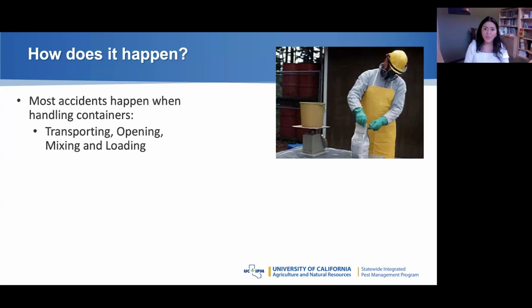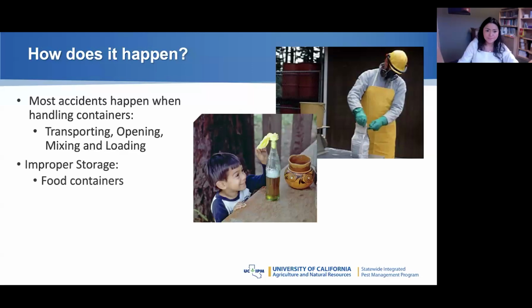And so when they're opening or transporting pesticides, that's when the pesticide might be in its most pure concentrated form, and that can result in accidents and severe accidents if a person opens a pesticide container and it spills on them, or if they're not following the proper precautions.